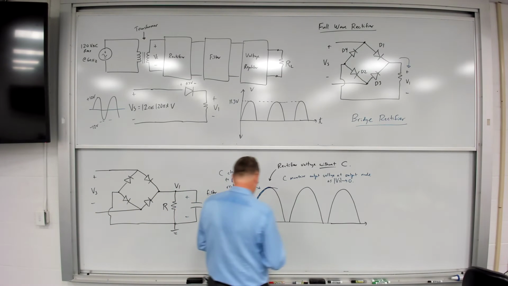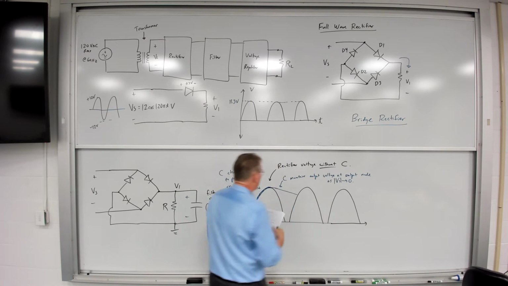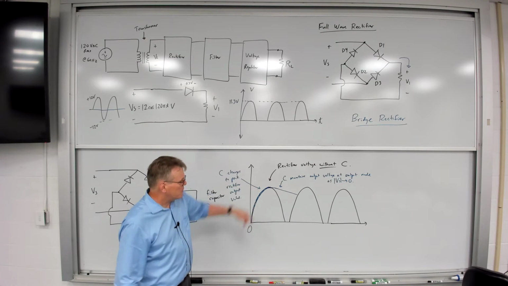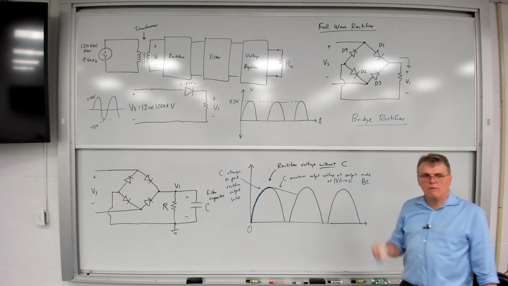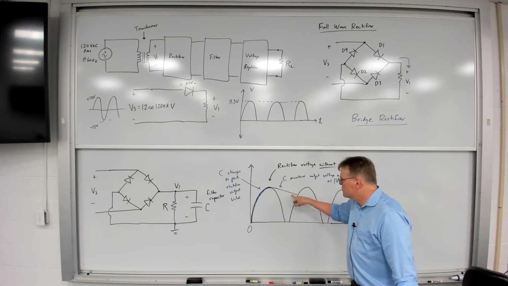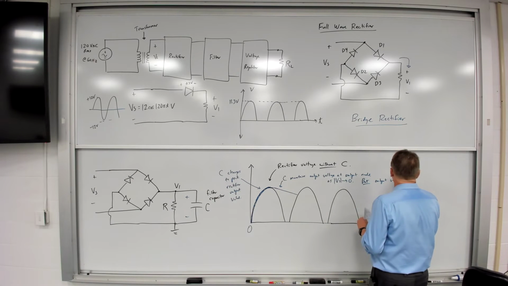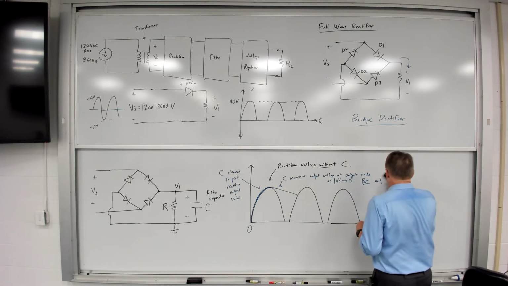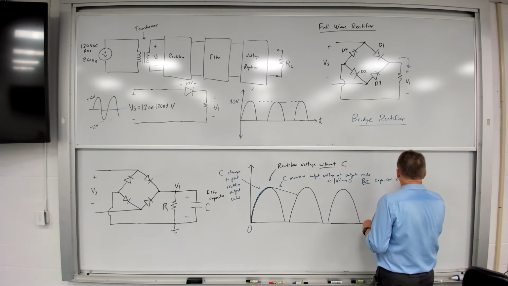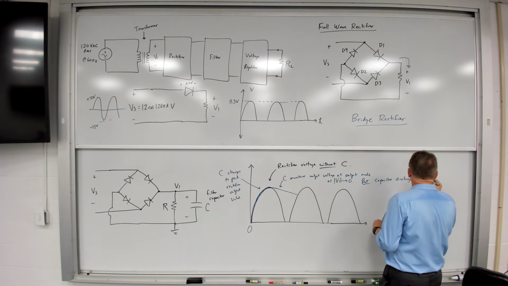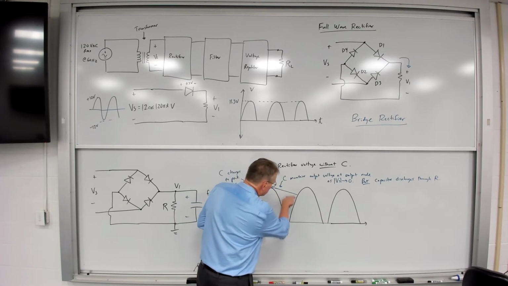So what you're going to see is this. C maintains the output voltage at the output node, but the voltage at the output is going to discharge through R. So the capacitor is going to discharge through that resistor R, and we're going to see the voltage start to discharge like so.